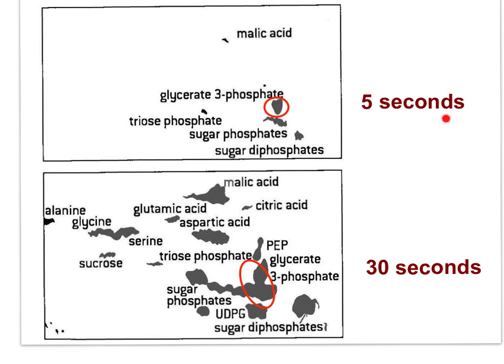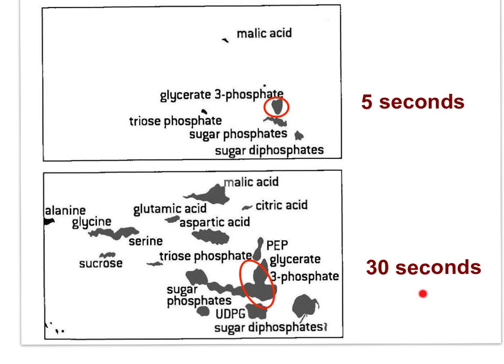After 5 seconds, glycerate 3-phosphate, the first product after carbon dioxide is joined to RuBP, is seen here, and it was the dominant molecule formed after 5 seconds. And also, just a tiny little bit of triose phosphate had been formed after 5 seconds.